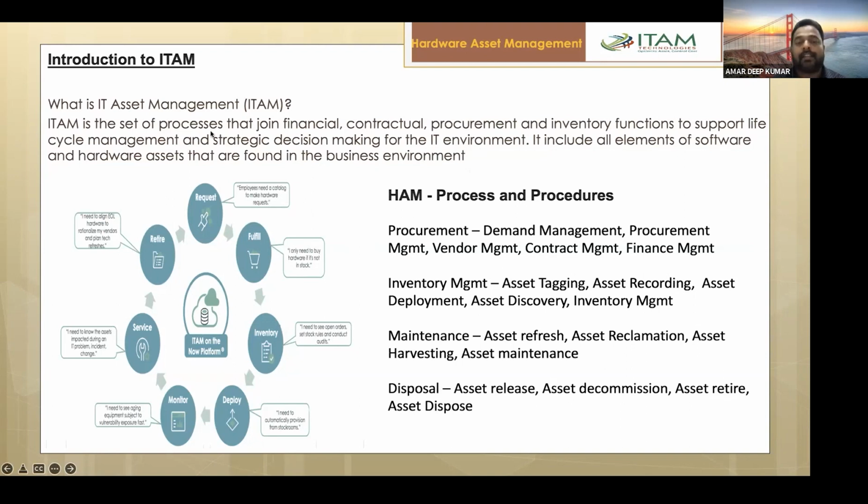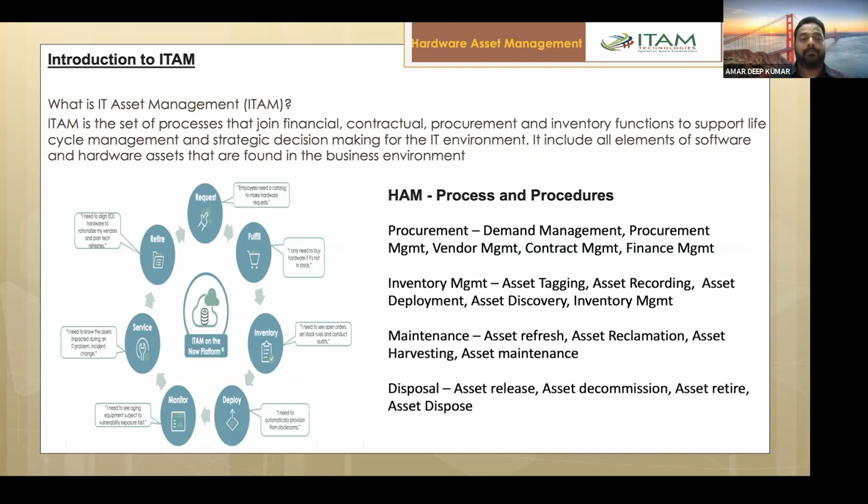So let's understand this definition. ITAM is the set of processes that join financial, contractual, procurement, and inventory functions to support life cycle management and strategic decision management for the IT environment. I'll give you one example.